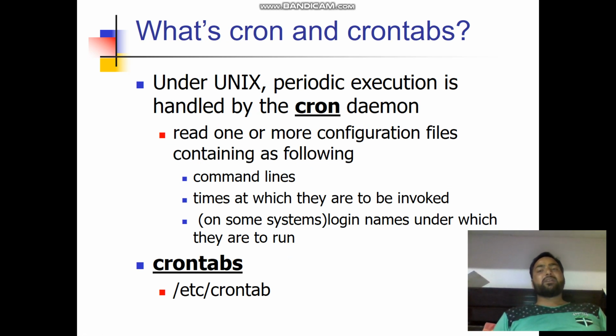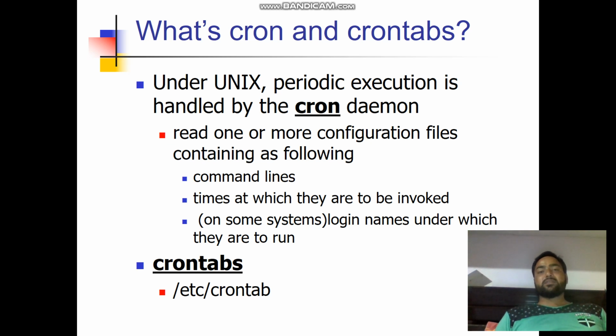Then what are cron and crontabs? Under Unix, periodic execution is handled by the cron daemon. As we have already discussed, a daemon is a process that runs throughout the system from the start to the end of the system. So periodic execution is handled by the cron daemon. The cron daemon is the kind of process which handles execution on a periodic basis.